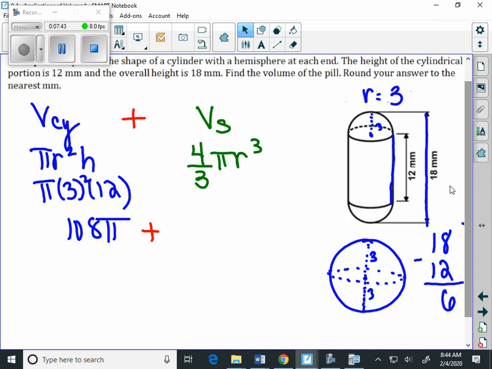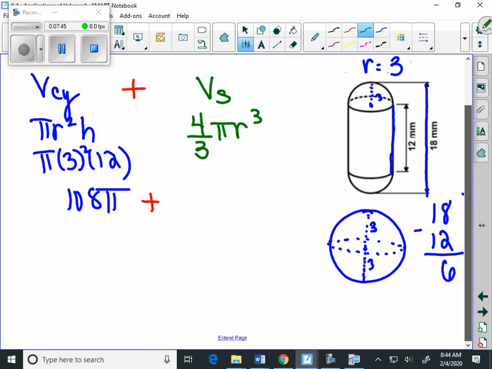the sphere, and our sphere is 4/3 times pi times our radius, which is 3 cubed. So I'm not typing in pi right now, I'll put it in at the end.